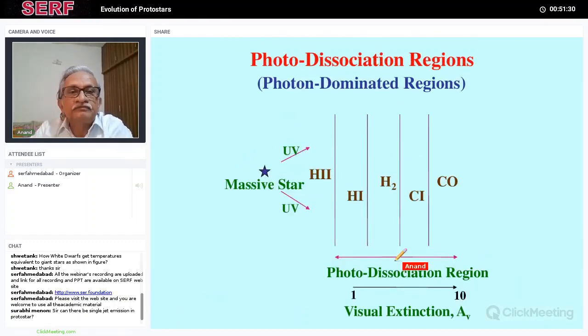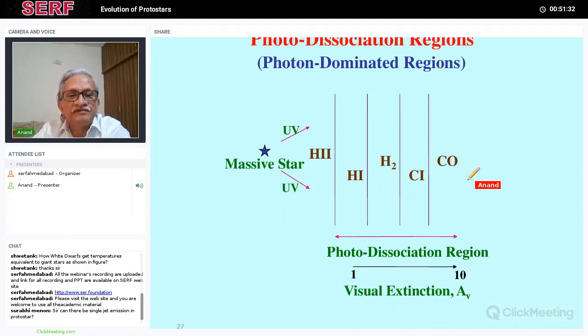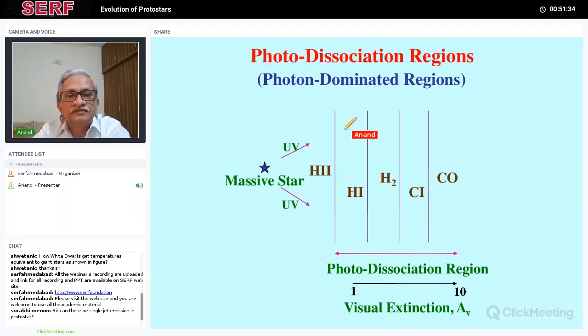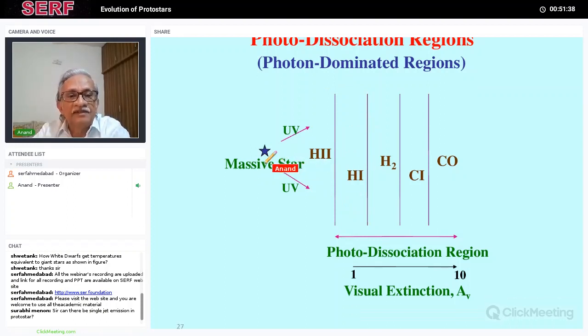Now in the photodissociation regions, in the massive stars, where they are dissociating all the molecules and so on: the massive star is here, ultraviolet radiation is coming, so you have an H II region, beyond which you have an H I region, the atomic hydrogen, and then we have a molecular hydrogen region, a carbon monoxide region, and molecules further down there.